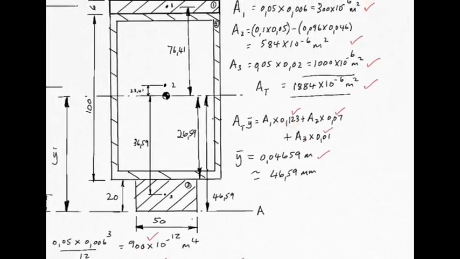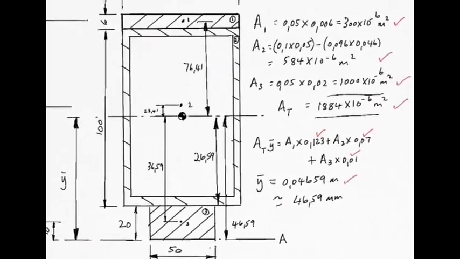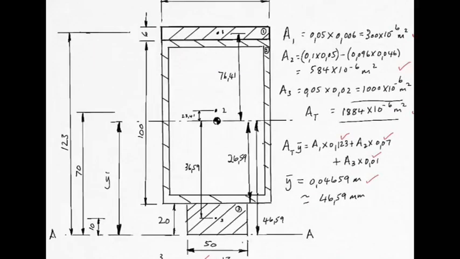Right, next one, number 2. How far is it from its centroid? Number 2 centroid is at its midpoint. From the midpoint of area 2 down to the reference edge is 70 millimeters. 20 plus half of 100, which is 50, and there you have the distance for number 2.